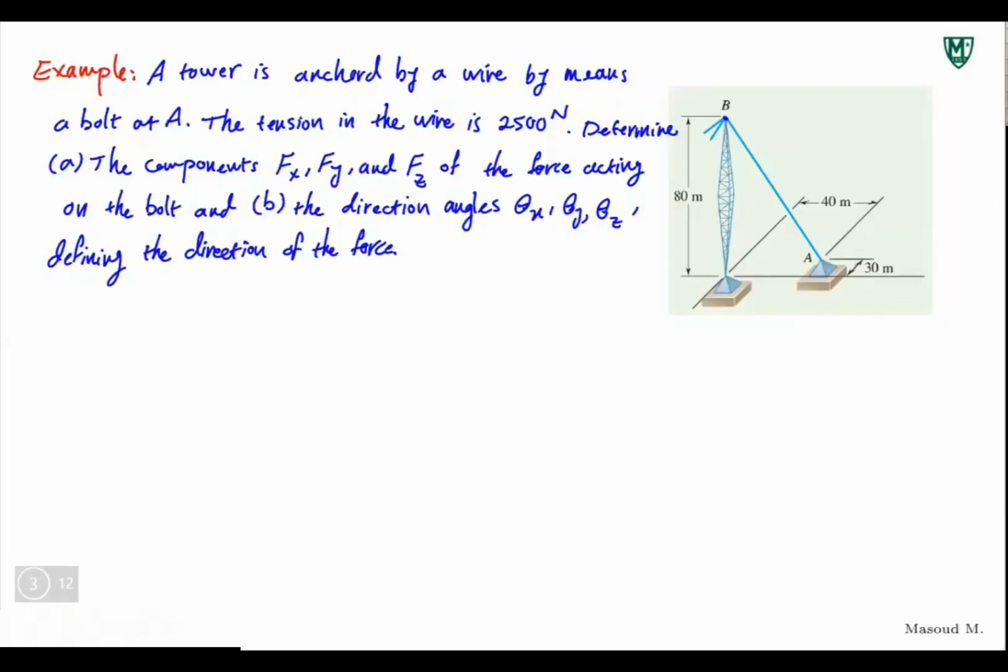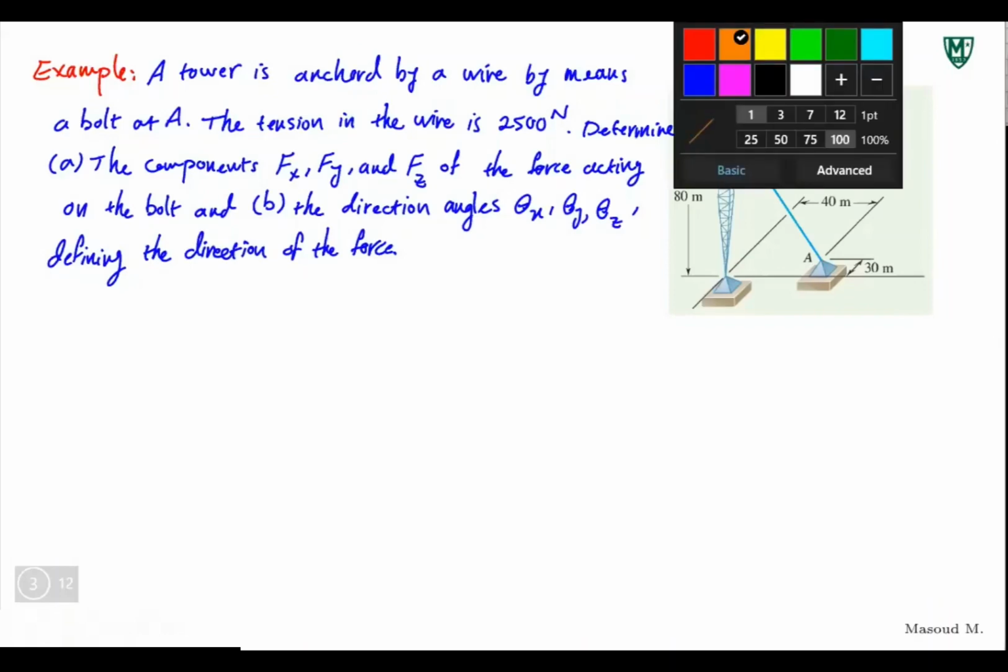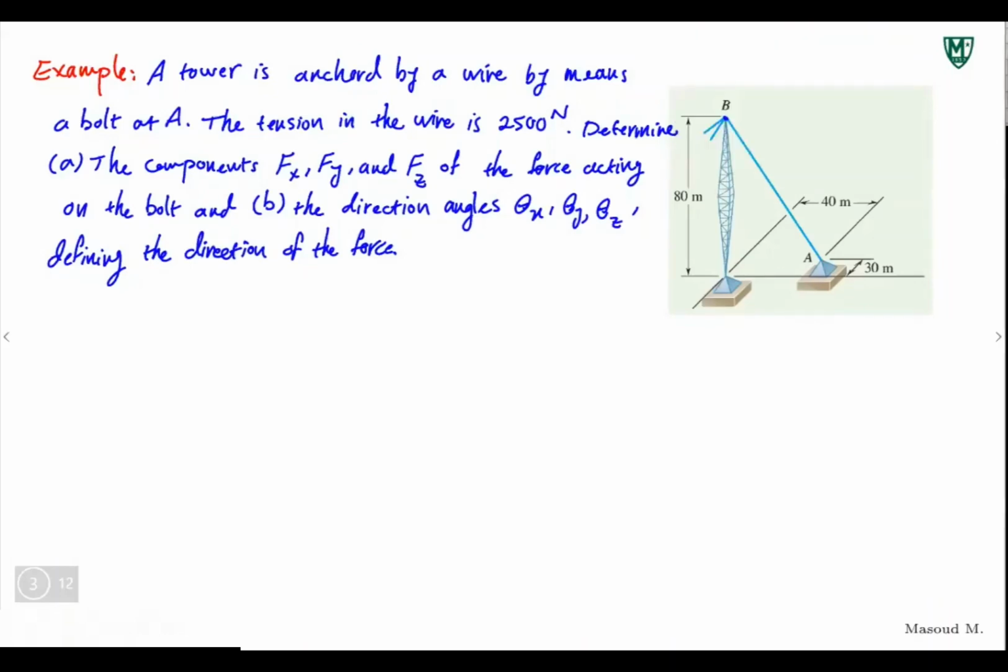The magnitude is exactly equal to the force the cable is pulling with, and the direction is opposite. Remember Newton's third law. So I put the force on the bolt this way. This is where the bolt is, and this is the force applied to the bolt. We'll call it F. This is the force we're trying to find.